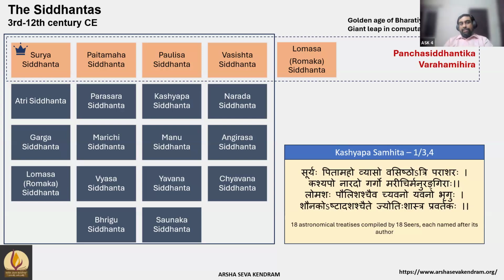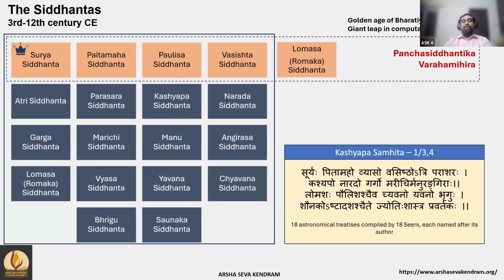The purpose of the Siddhantas was no more rituals. We were now going into an era where we wanted to formulate rules and models and back them up with mathematical formulas. That's the hallmark of the Siddhanta era.